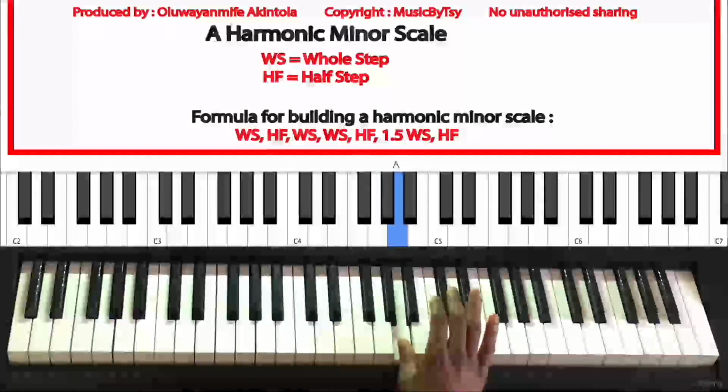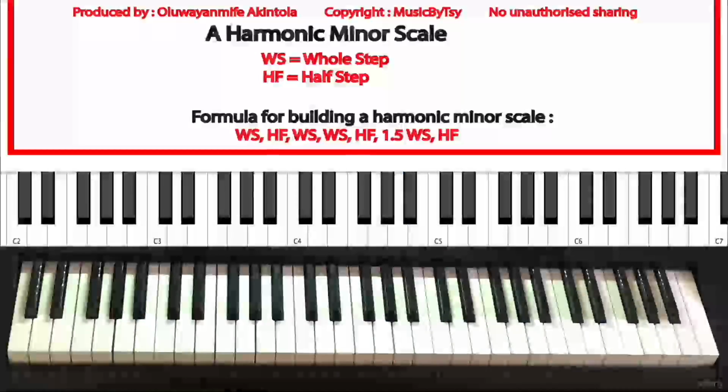See that? So we use the formula twice there to construct the A harmonic minor scale. And if you noticed, we've got the same answer using both methods. So that is the A harmonic minor scale.